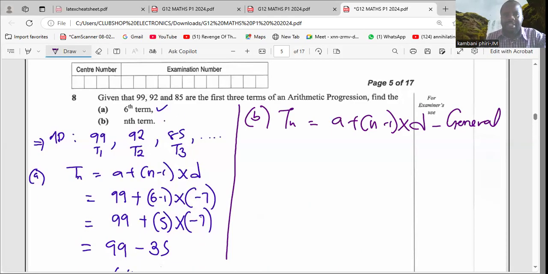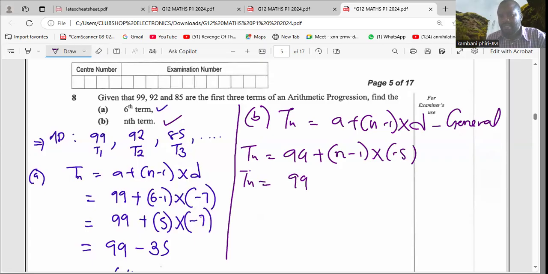But now we want a formula that will be specific to this one. So we are going to do the substitution. Tn is equal to our first term will remain as 99 plus. Since we are not interested in any particular position, we'll maintain our n minus 1 times our common difference, which is -7. So Tn is equal to 99.